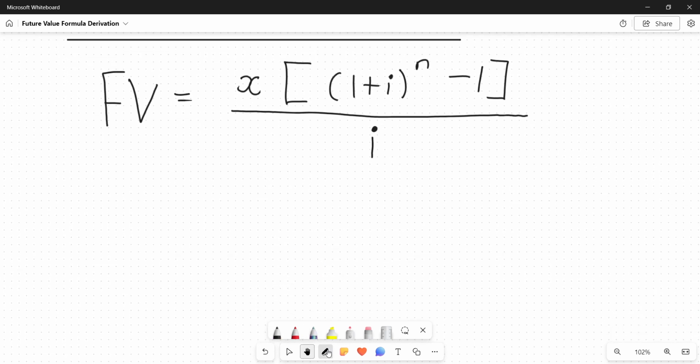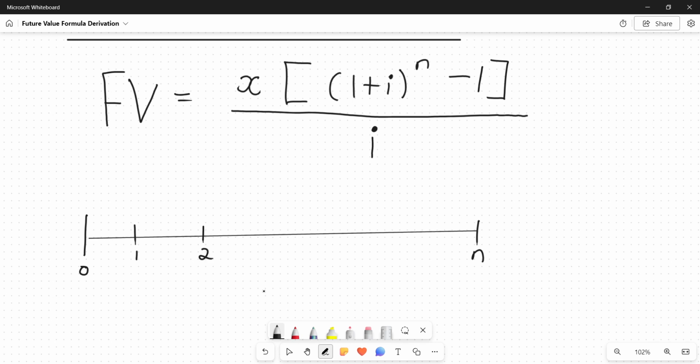So now we are saying we are making a series of payments from time 0 to time n. So it will be the first period, second period, and so on until the nth period. We are making a series of payments of x.